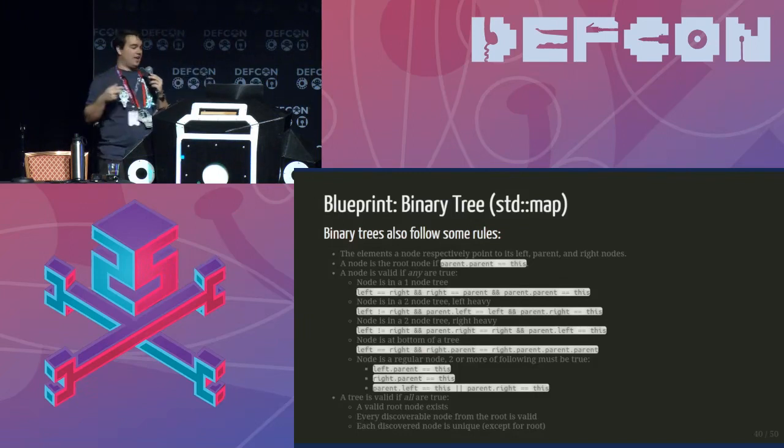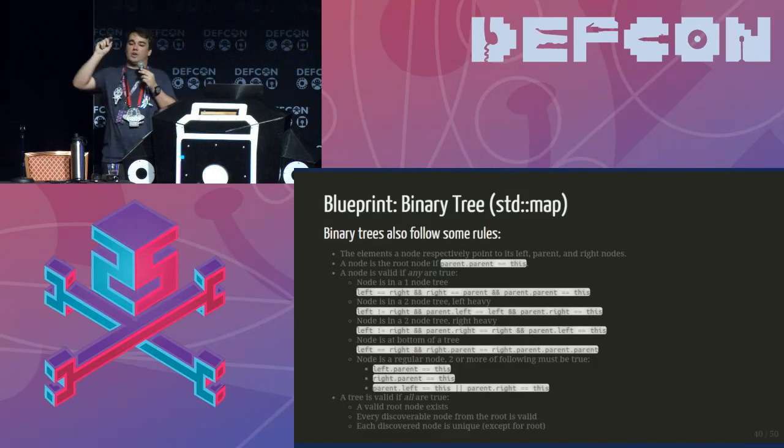If you find a node that is its own grandparent, you know that's the root node. Then you want to walk every single node from the root node left and right. Each node has a left pointer, a right pointer, and a parent pointer. You want to walk every discoverable pointer from something that seems to be a valid root node, and each one must follow some criteria. Now there's a lot of criteria here.